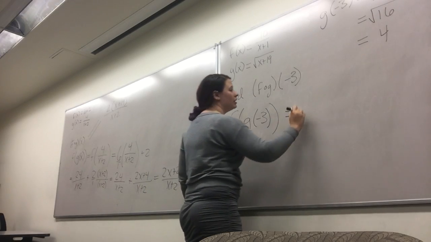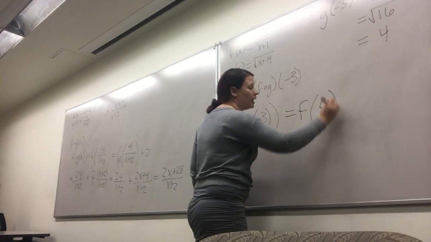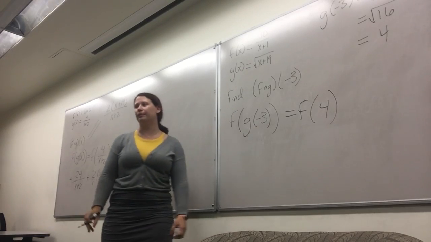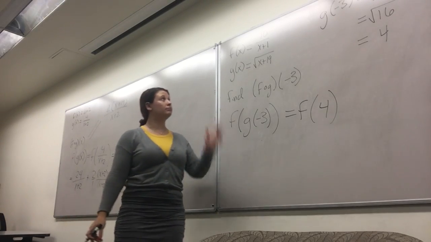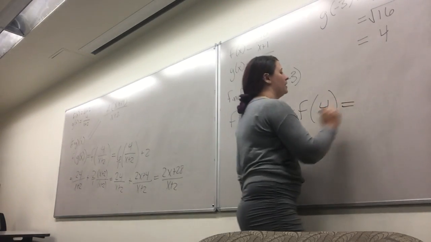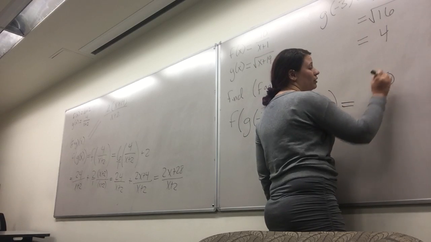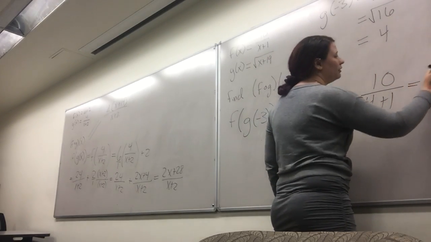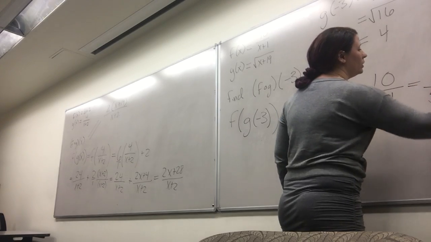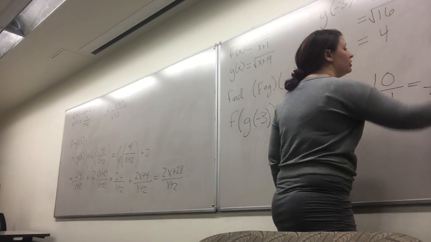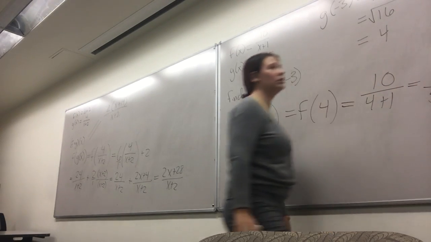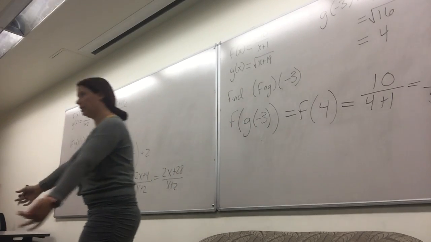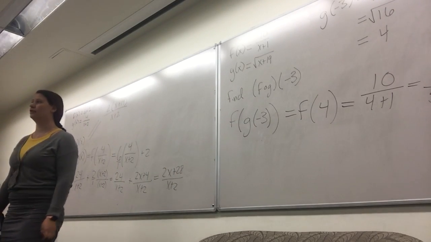Plugging 4 into f. So f of 4. Yeah, that's what we want to find now. So just plug it in, right? So that means we have 10 over 4 plus 1, or 10 over 5, yep, which is 2. So 2 is our final answer, okay?